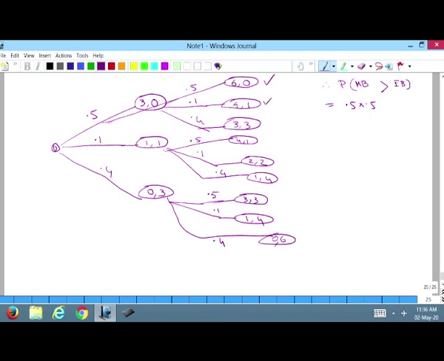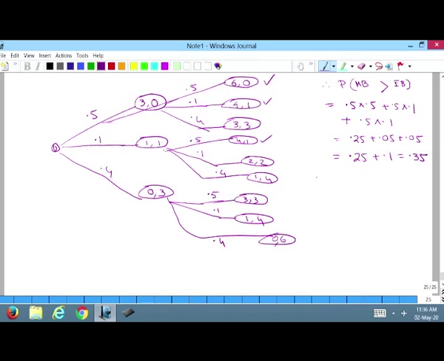Therefore, it is 0.5 into 0.1, plus this is 4, 1, therefore 0.5 into 0.1, is equal to 0.25 plus 0.05 plus 0.05, which is equal to 0.25 plus 0.1, which is equal to 0.35.